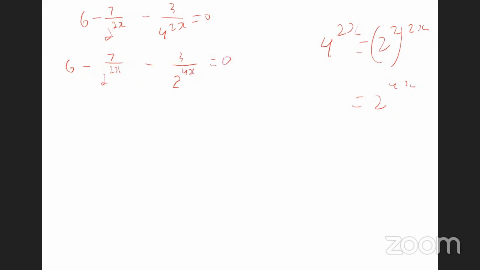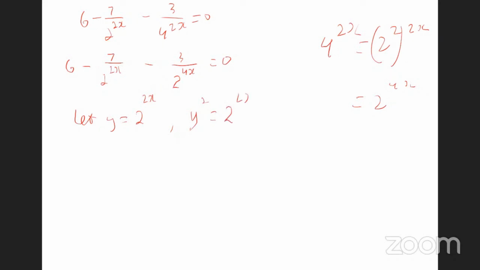All okay with that? Can I make a substitution now? Can I let y equal 2 to the 2x? What would y squared be? 2 to the power 4x.